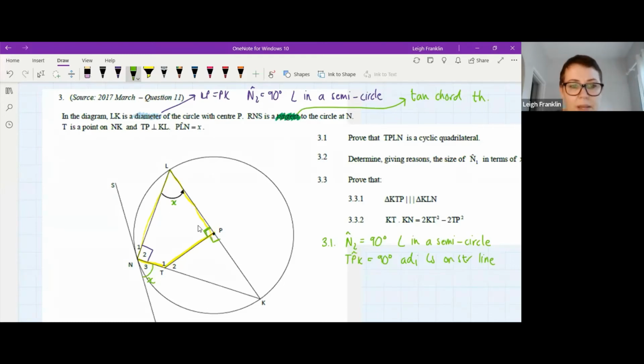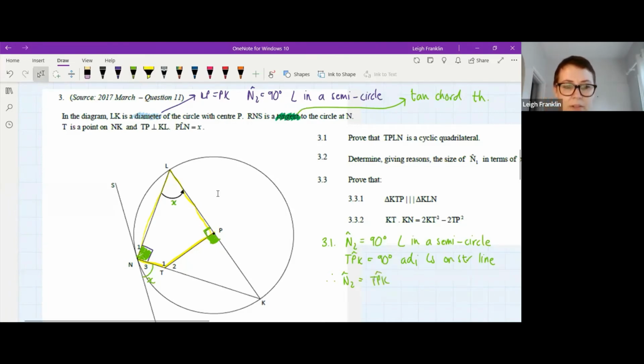So what this means for us, Matrix, is this. This angle over here, N2, that I'm busy coloring in at the moment, is equal to this angle over here that I'm also coloring in. Those two angles are equal because they're both equal to 90. So that means that N2 equals TPK.